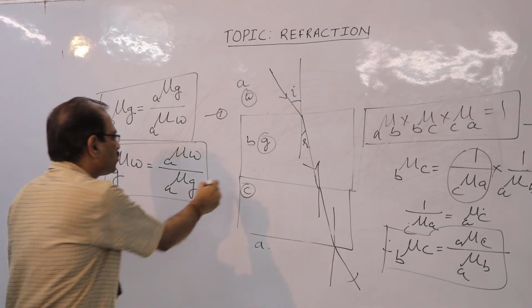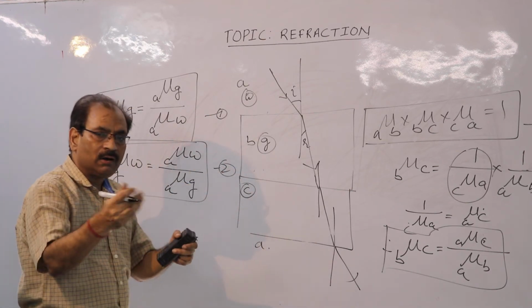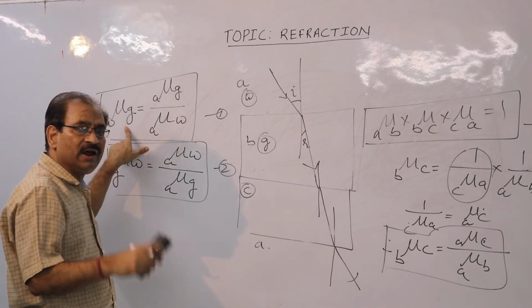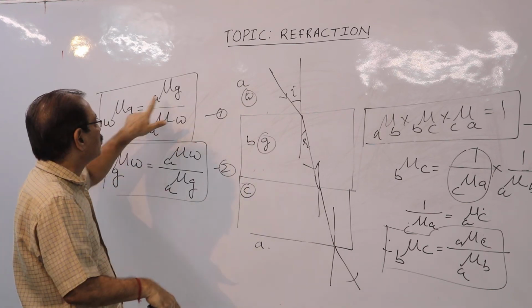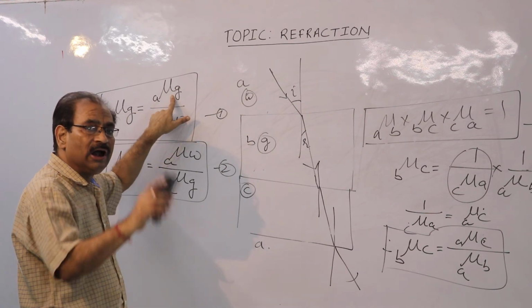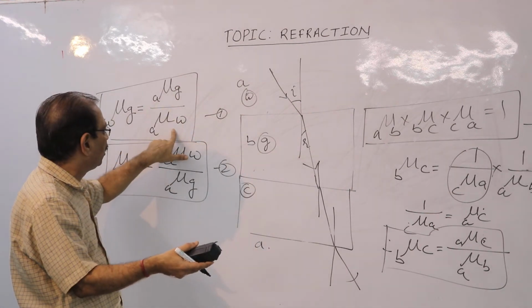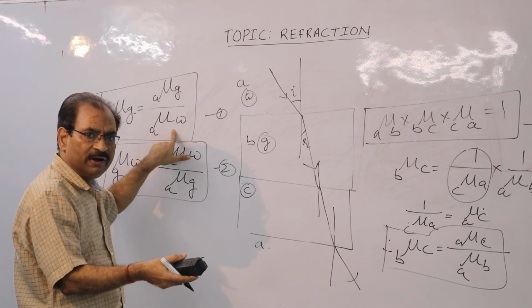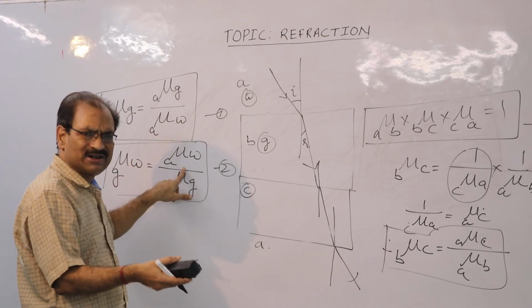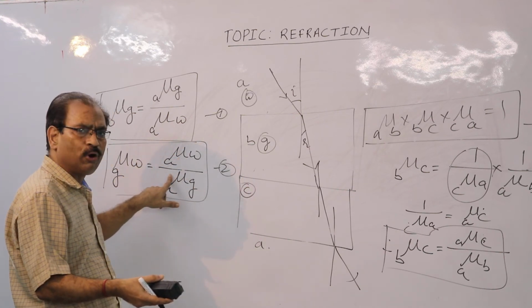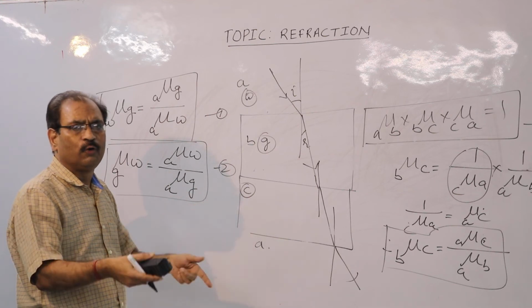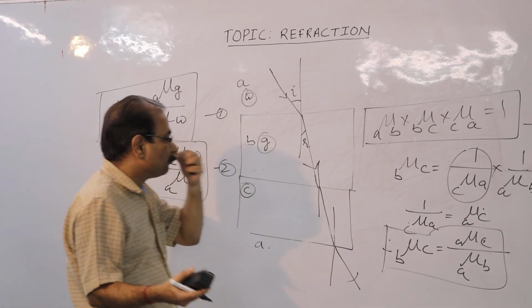So children, this is number 2. Remember, the refractive index which we are supposed to find out is always kept in the numerator, and with respect to what is taken, is always taken in the denominator. Alright, this concept must be now clear. This formula is important from the point of view of numericals. Alright, let us move ahead.